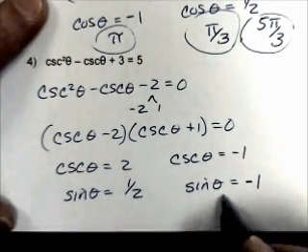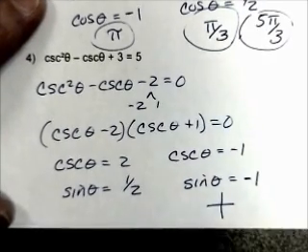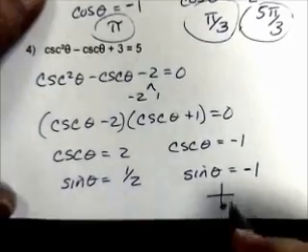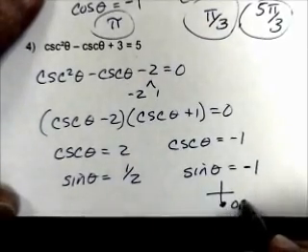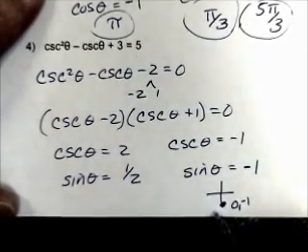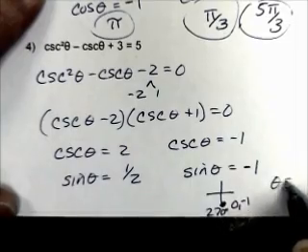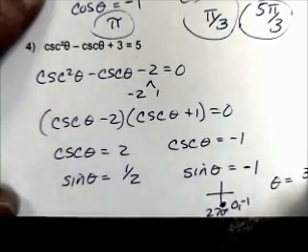I'm thinking of our unit circle, right? Sine, or y value of -1, is at 270 degrees, or 3 pi/2 radians. So theta here is equal to 3 pi/2.